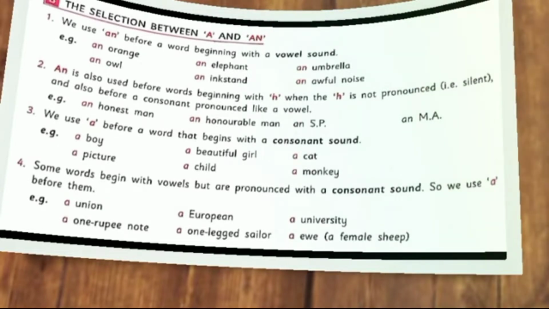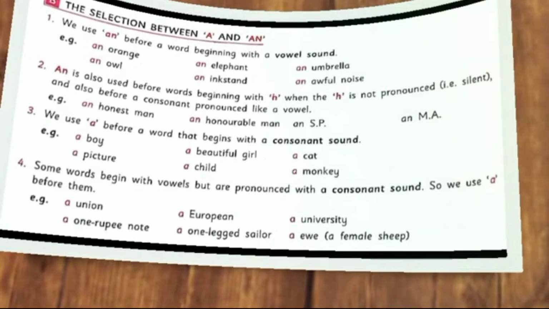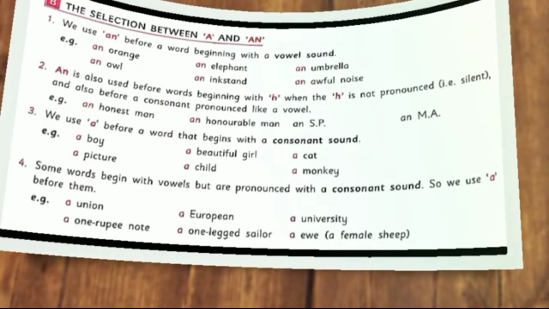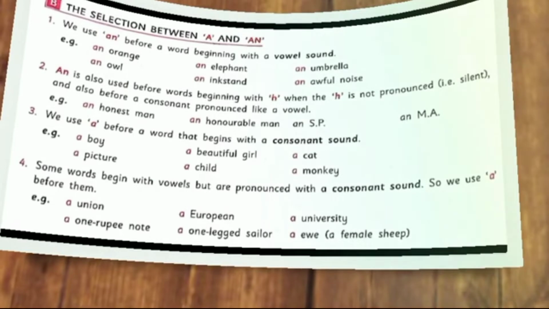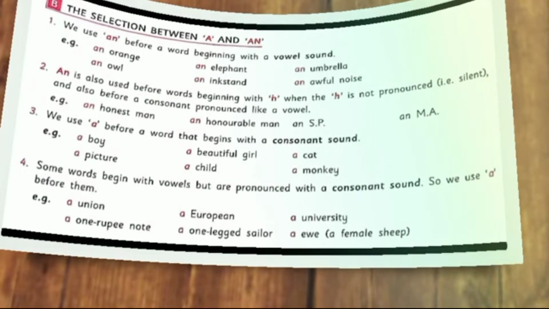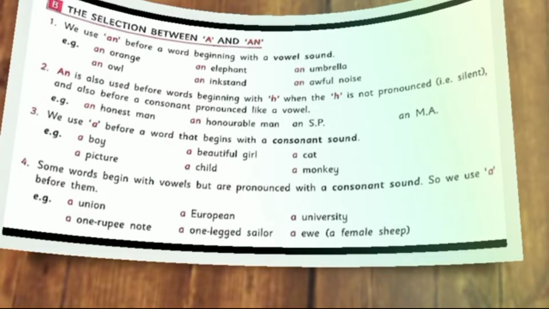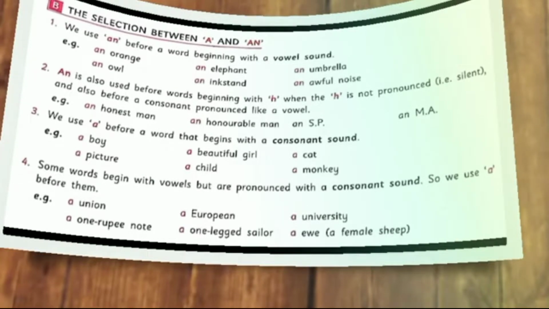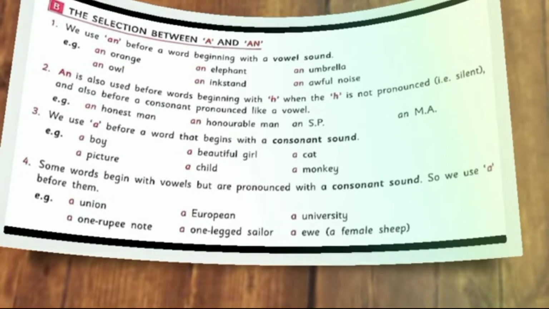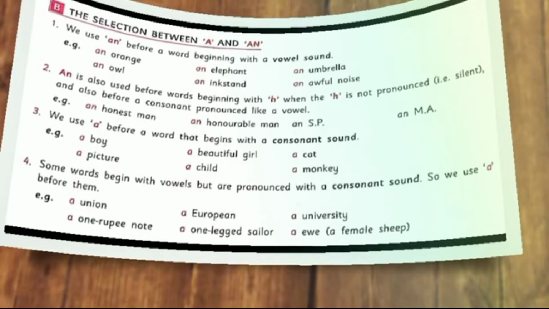Is it clear? Okay. We use a before a word that begins with a consonant sound. For example, a boy, a beautiful girl, a cat, a picture, etc. There are some words which begin with vowels but are pronounced with a consonant sound.